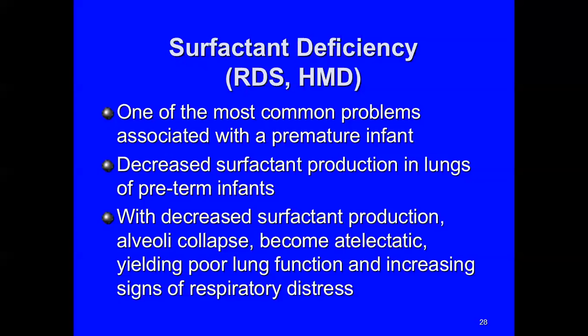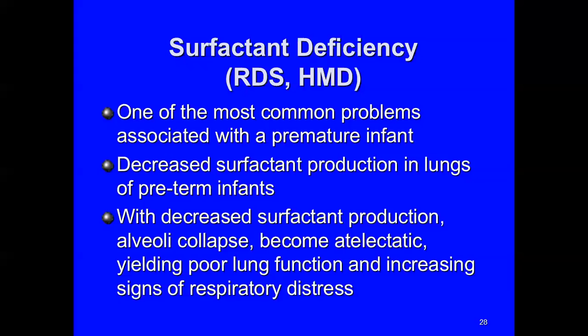It is one of the most common problems that can occur in newborns. It can be associated with premature infants. Surfactant deficiency involves the deficiency of pneumocyte type 1 and type 2 cells, and it is associated with premature infants.